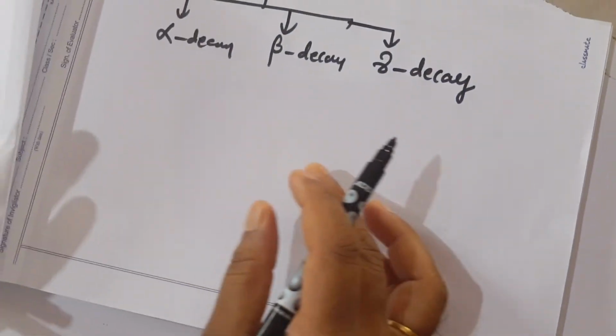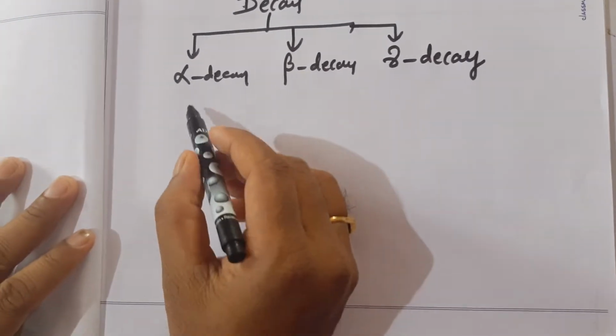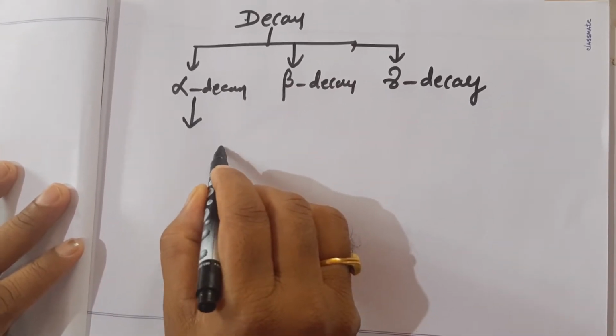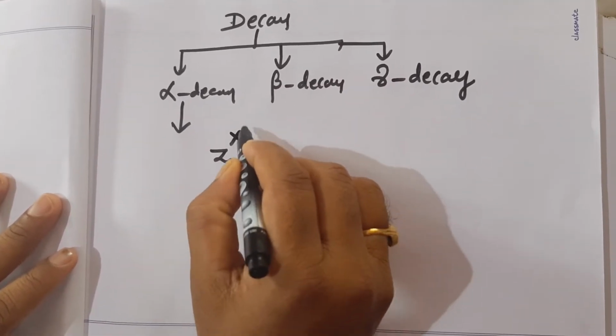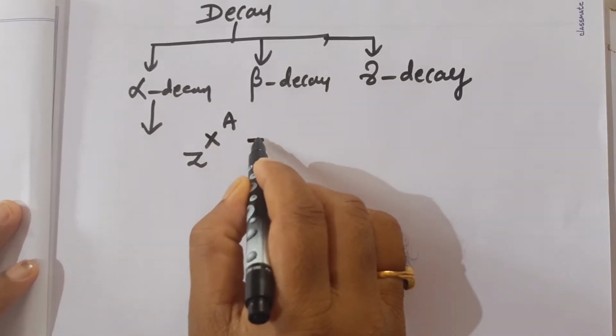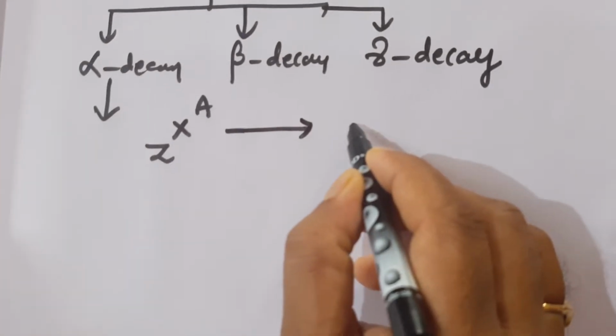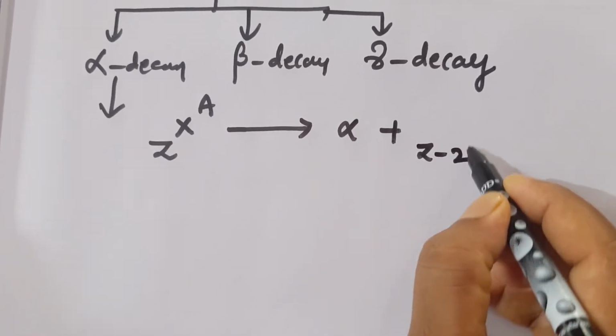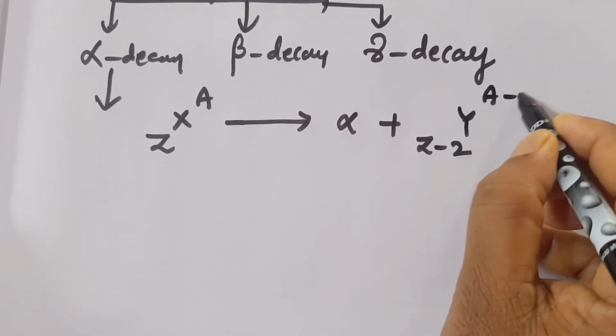So, the representation of alpha decay, let us see the first one. Here let us consider a nuclide ZXA. It gives rise to an alpha particle plus Z minus 2 Y A minus 4.